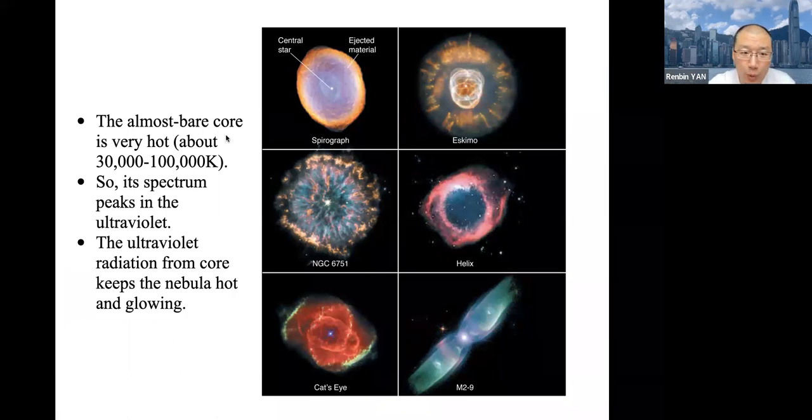The almost bare core is very hot, about 30,000 to 100,000 K. The reason why it is so hot is because there's a tiny bit of hydrogen and helium left on its surface, so that tiny bit can still have fusion reaction, so that gives it a very, very luminous, very hot temperature on the surface. And the ultraviolet radiation from the core will keep the nebula hot and glowing because the core is really hot, and so it gives out a lot of ultraviolet radiation.